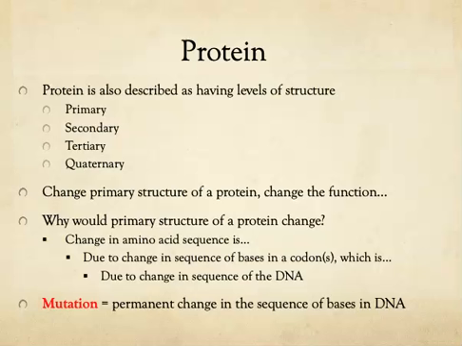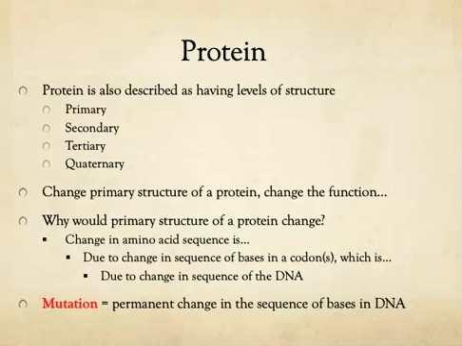Every single protein has its own unique primary structure, its own unique sequence of amino acids. And proteins are big. We're talking about hundreds to thousands of amino acids. Every single individual protein then has its own unique three-dimensional shape, and that shape is achieved through folding.